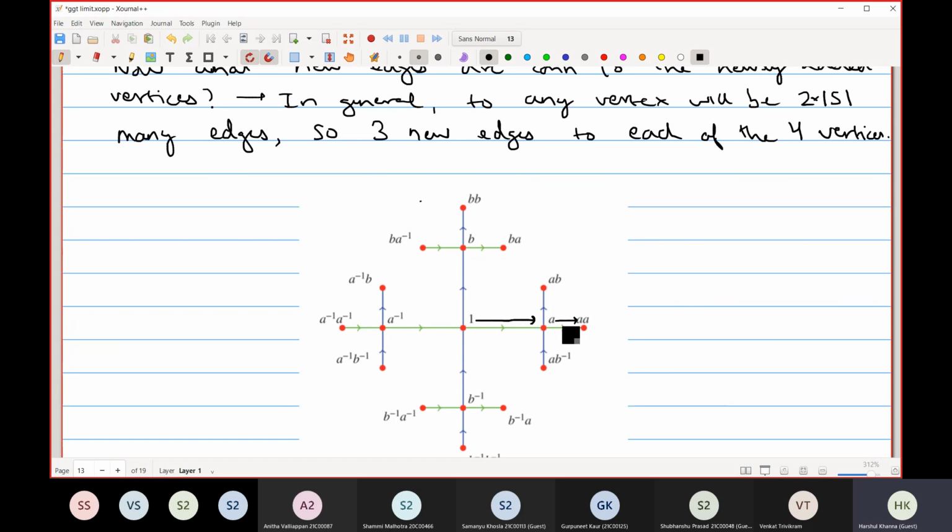A goes to AA. A inverse will go to 1. What about B inverse? This will go here. So somehow we are translating here, and there were more vertices, so we had to add more. This will go here, and this will go to the vertex which lies here.